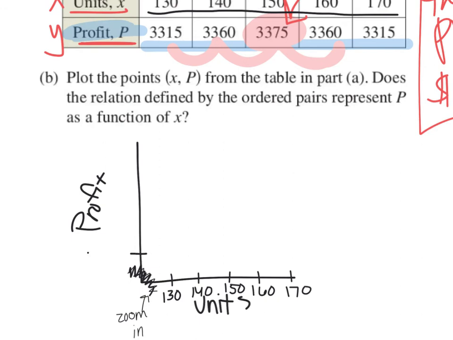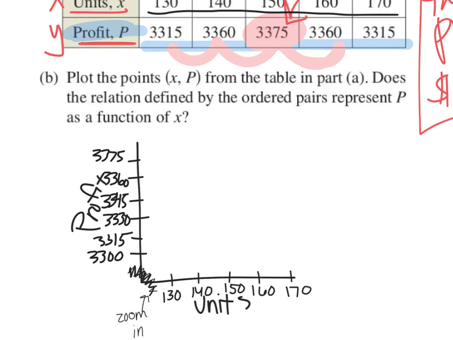So we could say this is 3,300, 3,315. And there we go. So then we can make our graph nice and zoomed in to the points that we want.